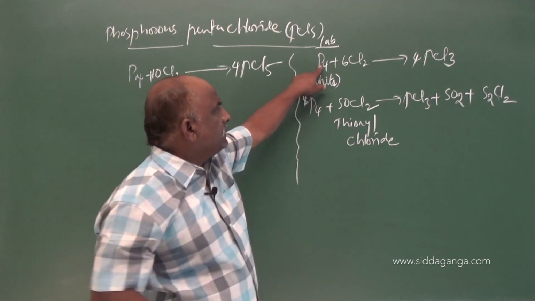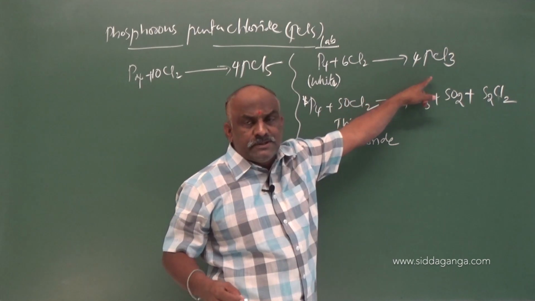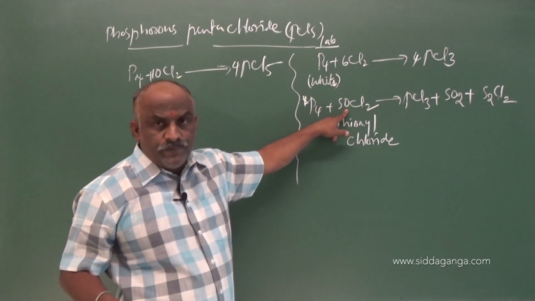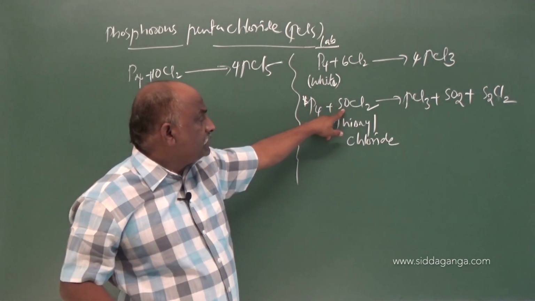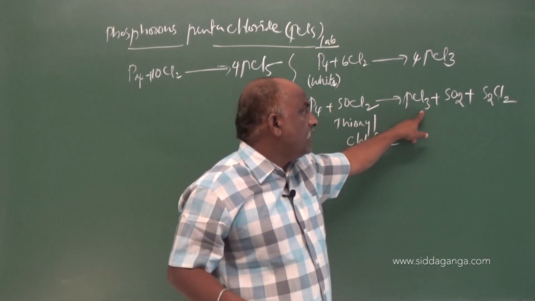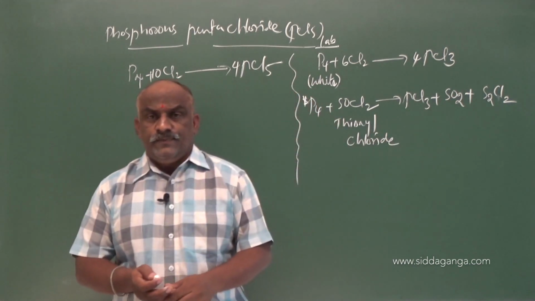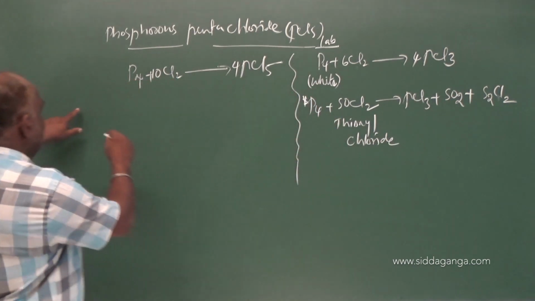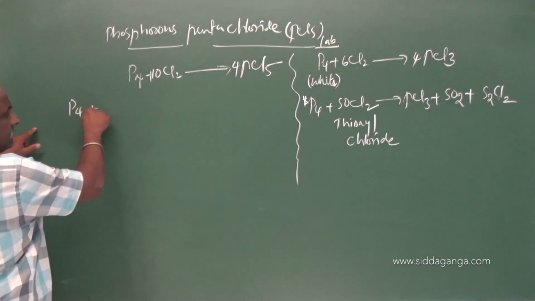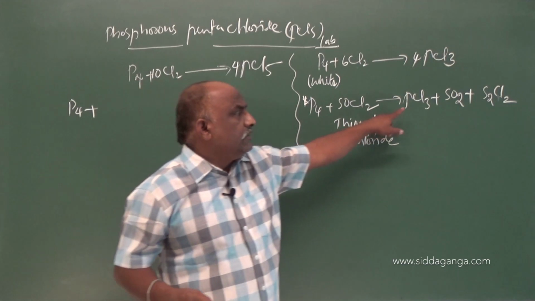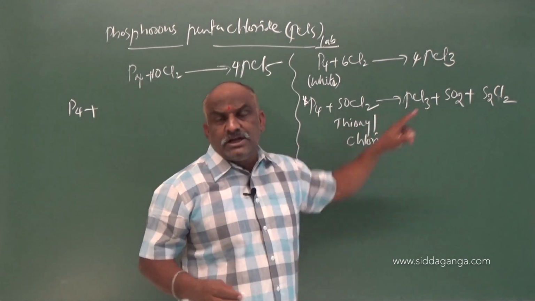So this equation is very important. When phosphorus combines with chlorine, it gives rise to phosphorus trichloride. Phosphorus combines with SOCl2 to give phosphorus trichloride, liberating SO2 gas and forming S2Cl2. Here thionyl chloride is used for the preparation of phosphorus trichloride.